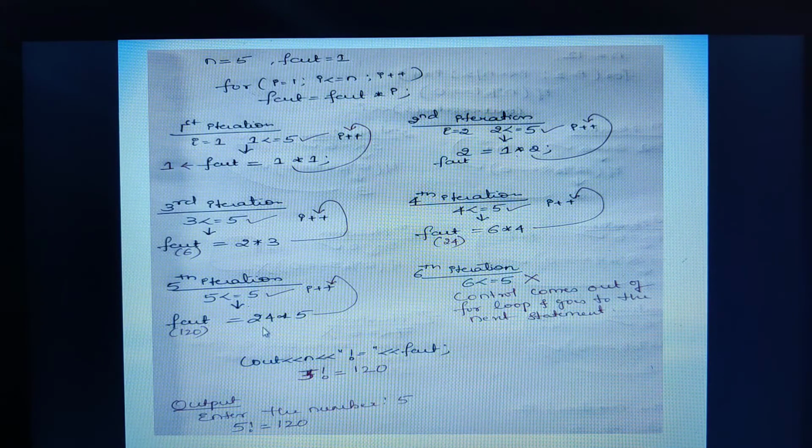We are calculating the factorial. That is 24 into the current value of I, which is holding 5. So 24 into 5, that is 120, will be assigned here. Again I gets incremented. When I gets incremented, I becomes 6. 6 is less than or equal to 5. The condition is false. Once the condition is false, control completely comes out of the for loop and goes to the next statement.